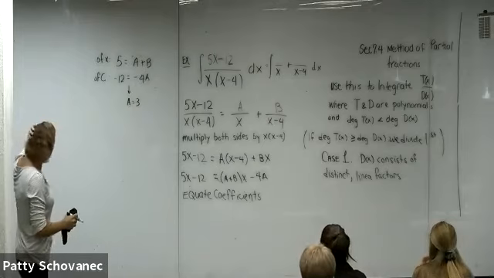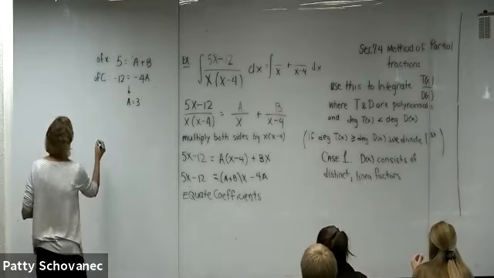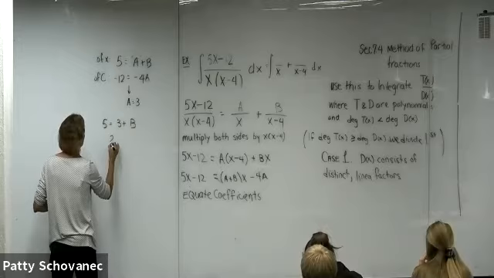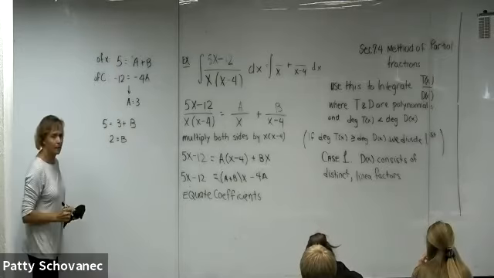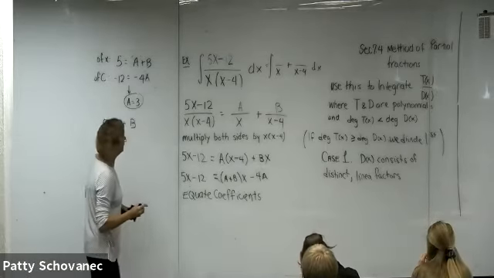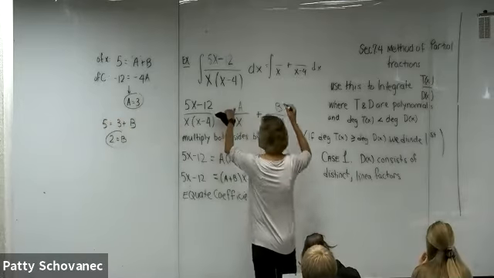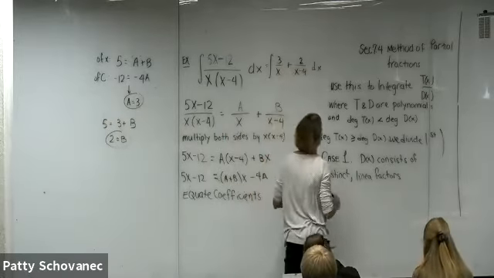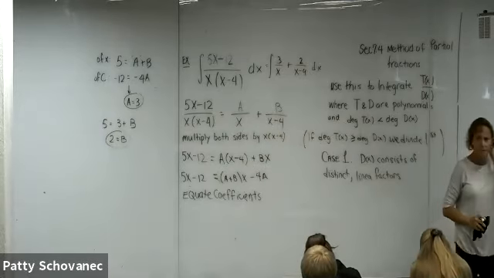A is 3, then b has to be 2. Okay. Keep them circled so I can find them later, because now I need to use them. A goes on top of the x, b goes on top of the x minus 4.